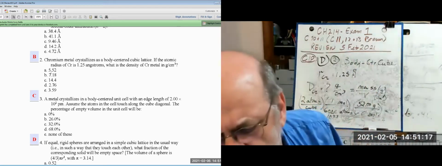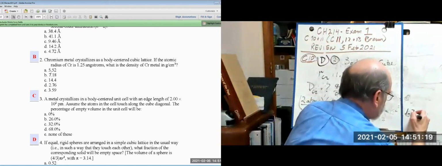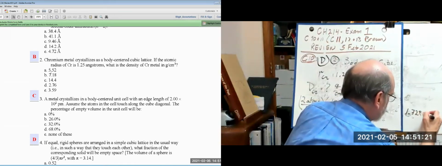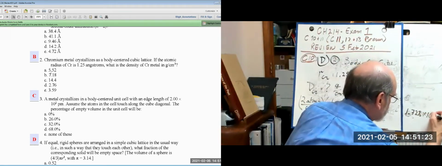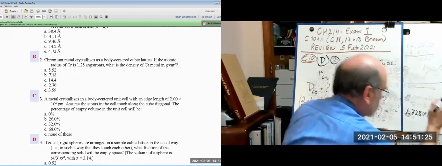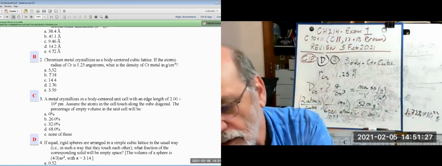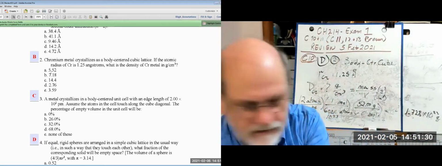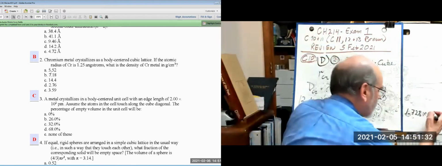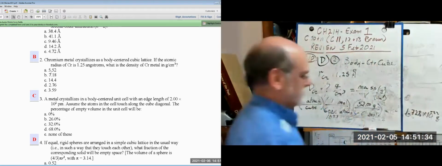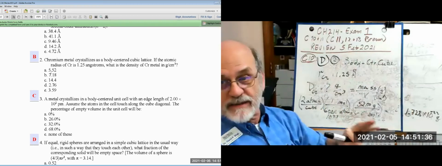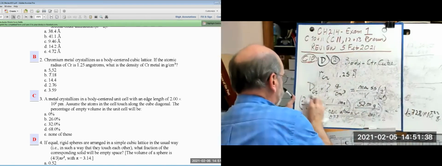Is that right? Yep. 1.728 times 10 to the negative 22 grams. Now we got the mass. Okay?